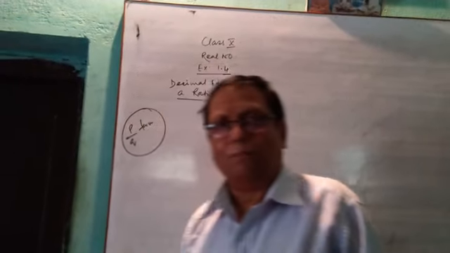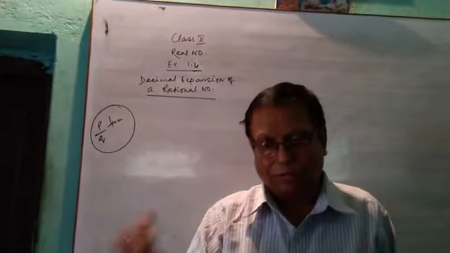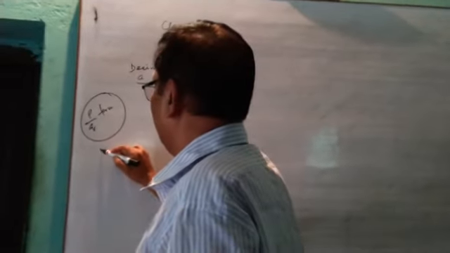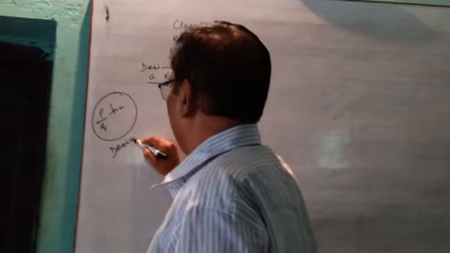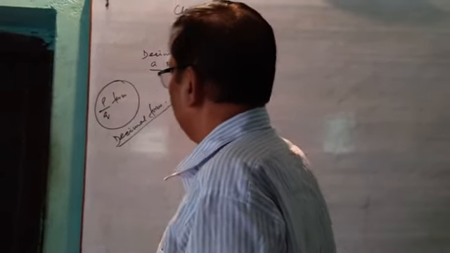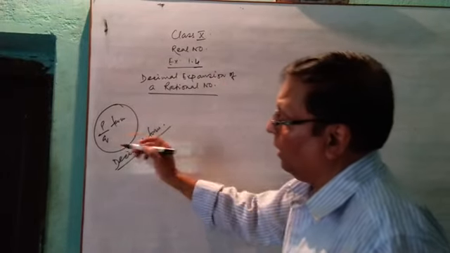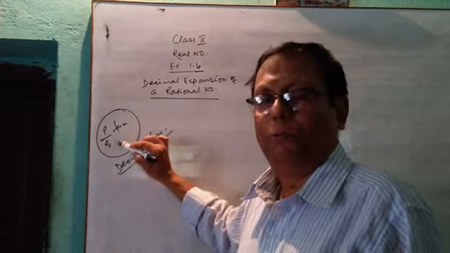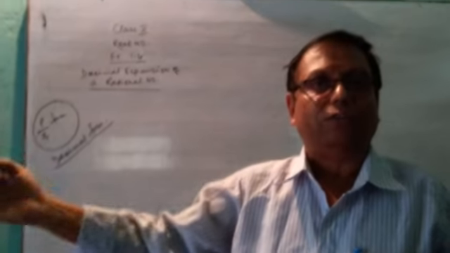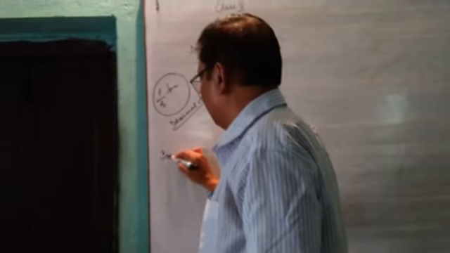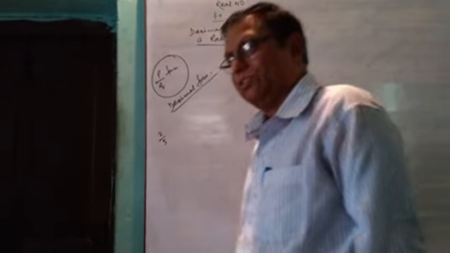So a rational number can either be written in p by q form or it can be written in decimal form as well. Simply, if we divide p by q, we will get the decimal form of the rational number. For example, 2 by 5. Yes, it is a rational number.